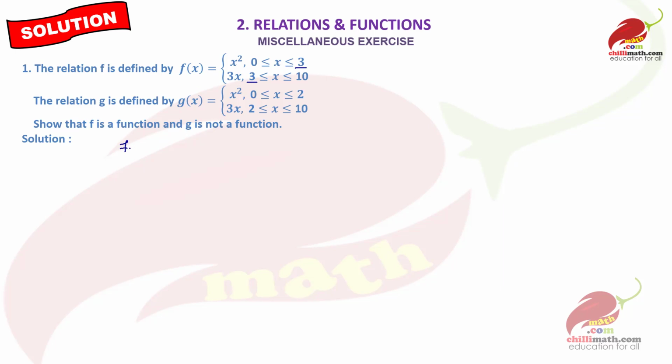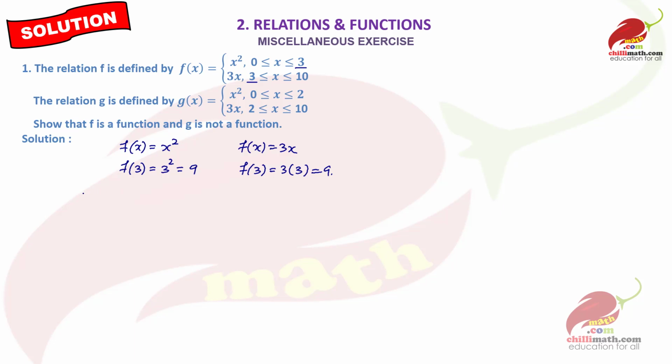So we can check f(x) at 3, this is given x square. So f(3) is equal to 3 square, that is 9. And also it is given 3x, so f(3) is in this case also 9. So they are equal. So we have checked at this point and it is okay.